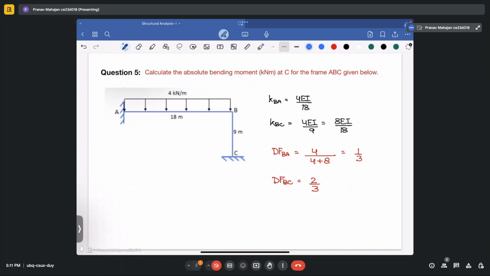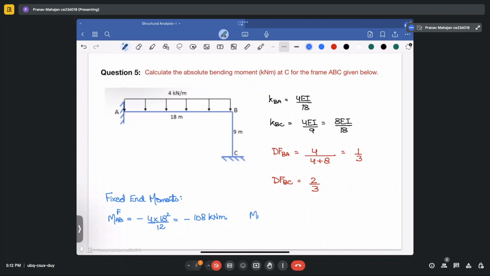Now your fixed end moments will come out as MABF will be minus 4 into 18 square divided by 12, and this value is equal to minus 108 kilonewton meter.